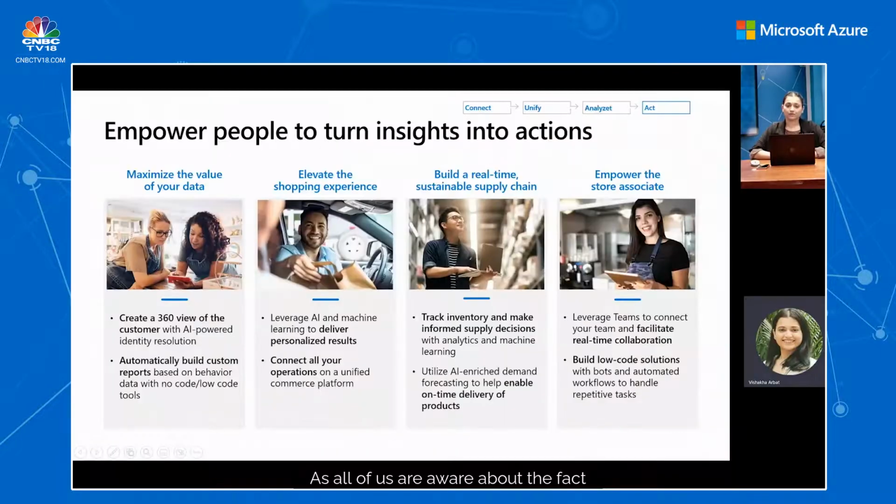As all of us are aware, we do have silos of data available with us right now. If I talk about retail as an industry, there are 500 million pieces of data getting generated every single hour. There are different channels that we collect the data from. We have legacy channels, which we call point of sale transactions.